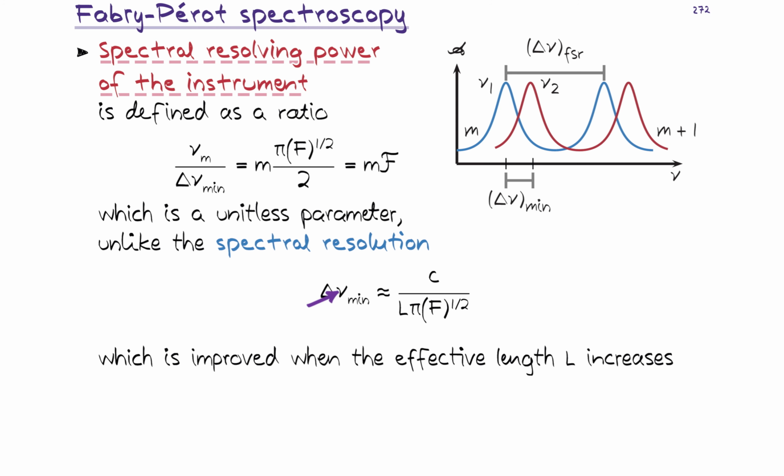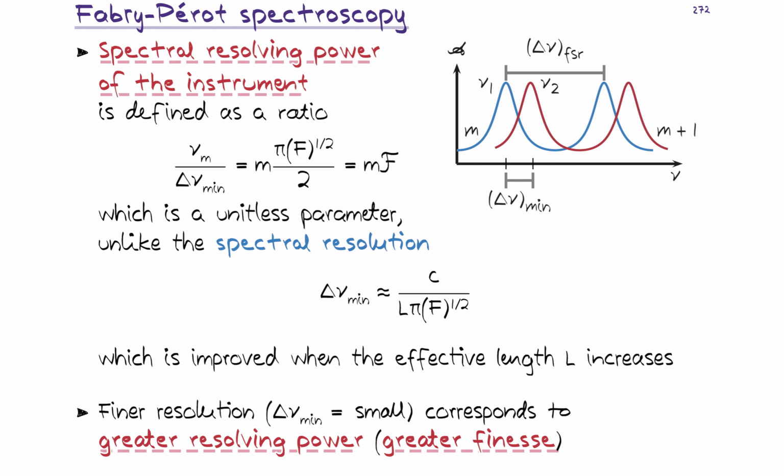And in here, we can see that the spectral resolution also depends on the cavity length, so there is a difference between these two different ways of quantifying the spectral properties of my cavity. So how finely, how accurately, how precisely I can measure differences in the frequencies.